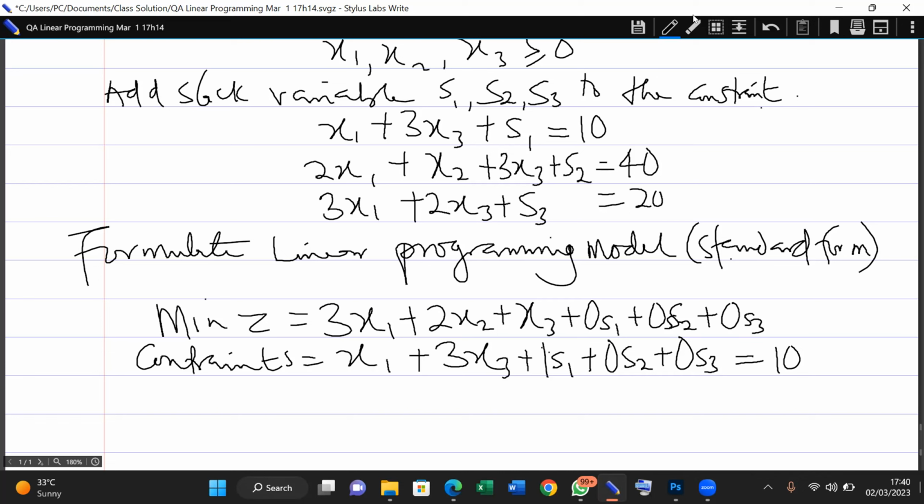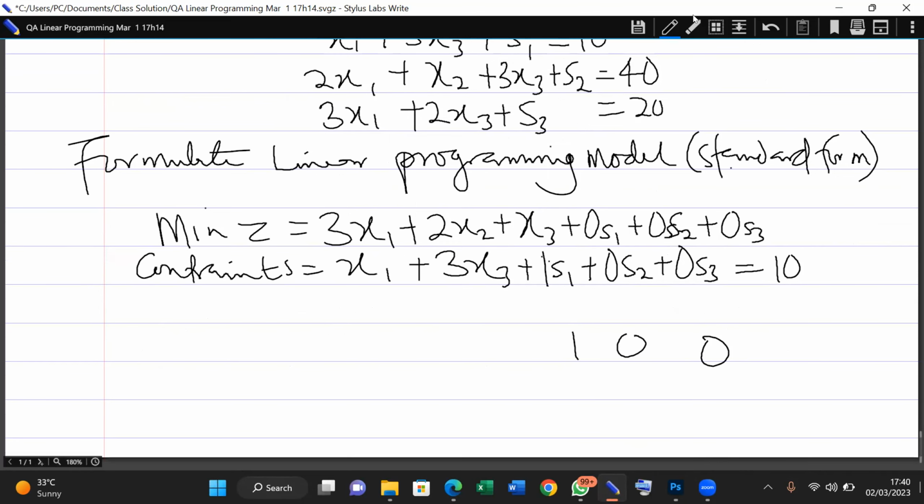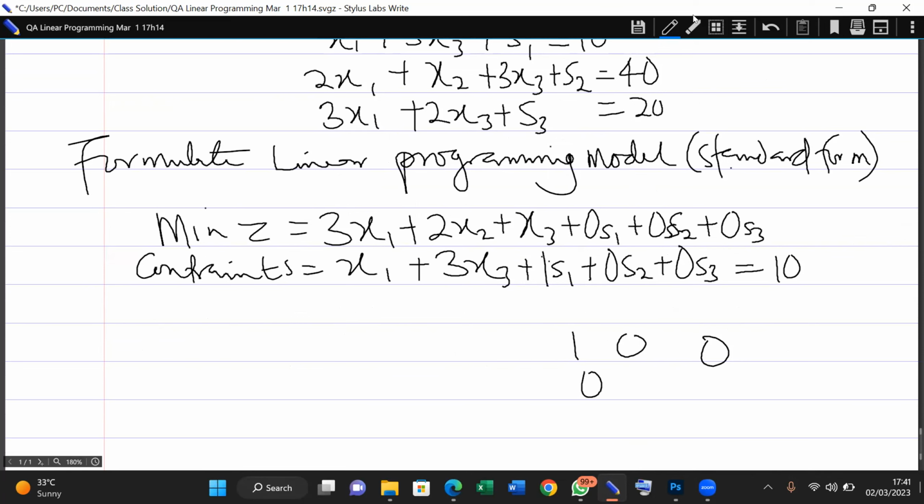Do we get this first one? No. Remember that's my 100 for the slack variable. The first one will be 100, the second one will be 010, the third one will be 001. 1s, 0s, 0s.